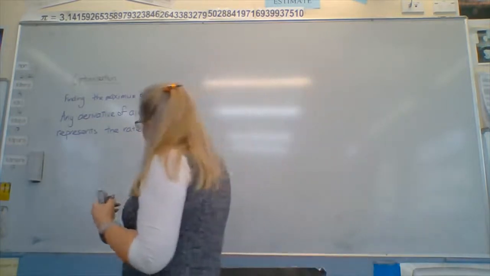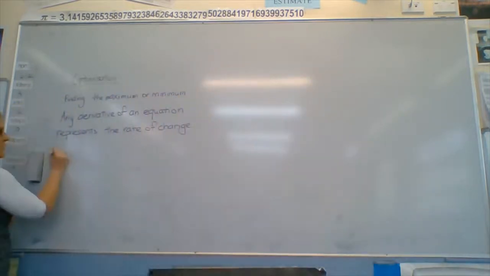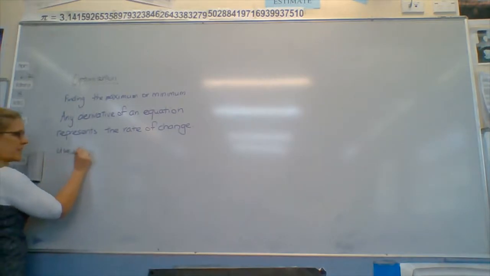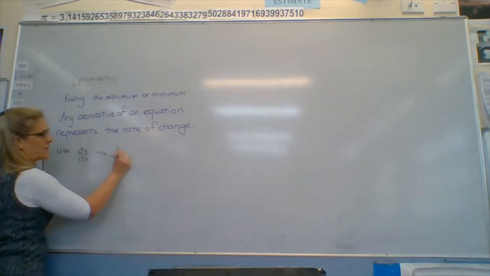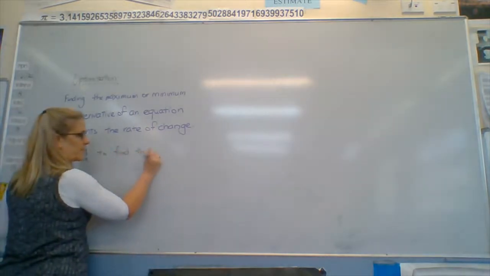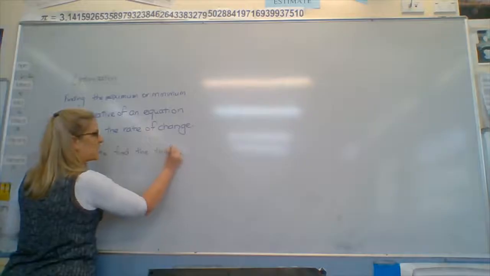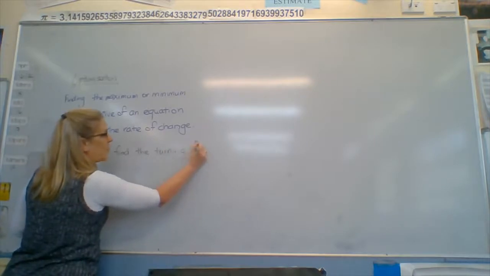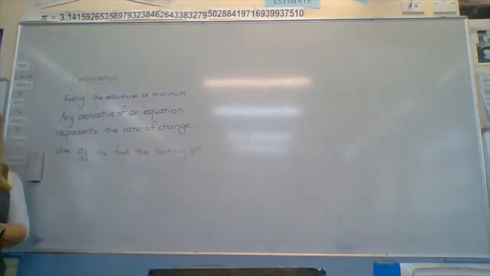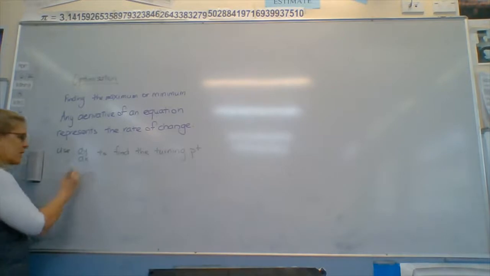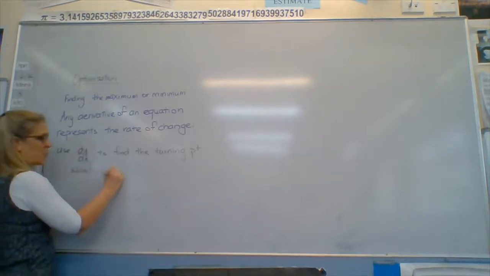So to find the maximum or minimum, we need to use dy by dx to find the turning point. So it's still relative to our graph conversations, and the fact that the turning point is usually a maximum or a minimum.